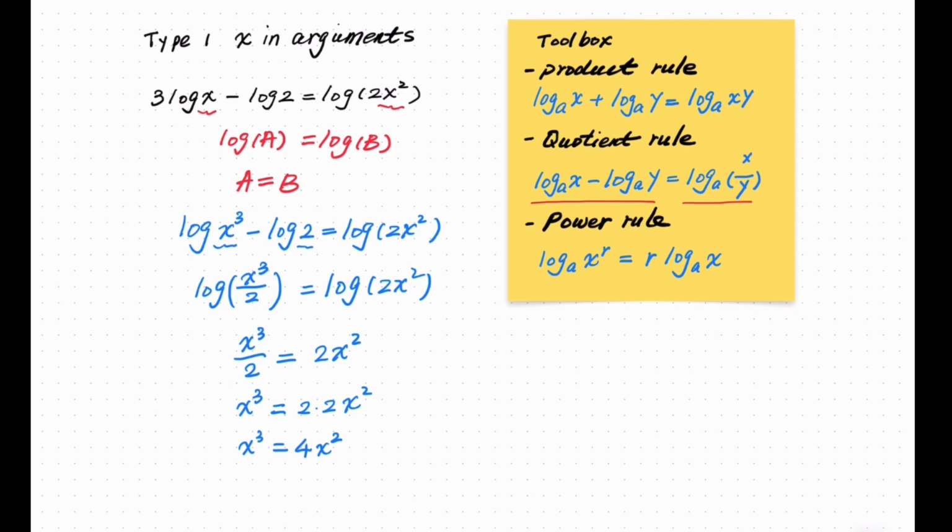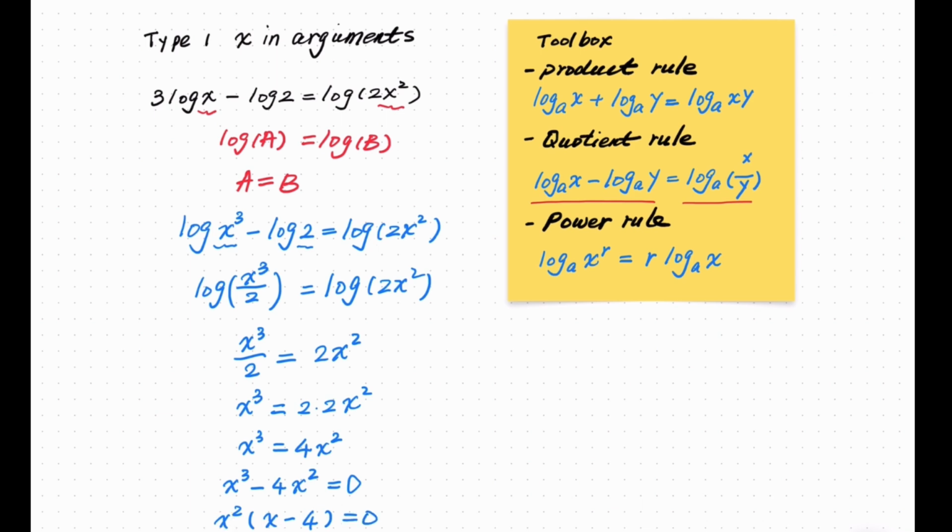Next, let's move all the terms to one side. x cubed minus 4x squared equals 0. Then we can factor out the x squared, in brackets. For the first term, there's only one x left, and for the second term, it's only 4 left if we take out the x squared, then equals 0.